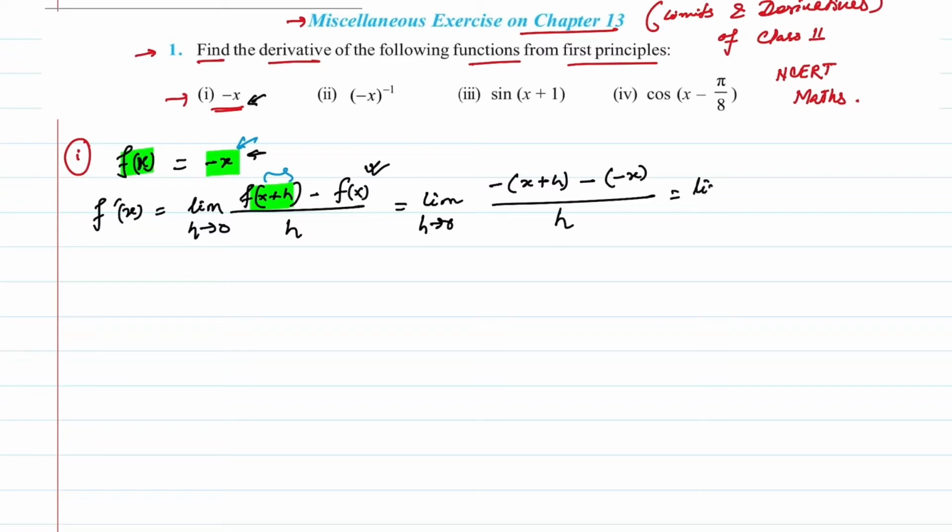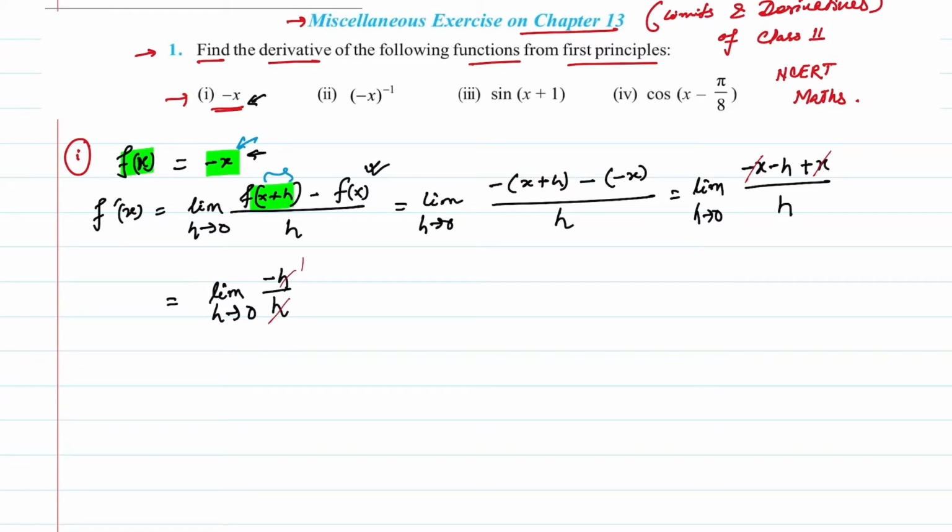Now that's going to be equal to limit h tends to 0 of minus x minus h plus x, divided by h. Here you see, minus x plus x cancel. So it is equal to limit h tends to 0 of minus h by h.